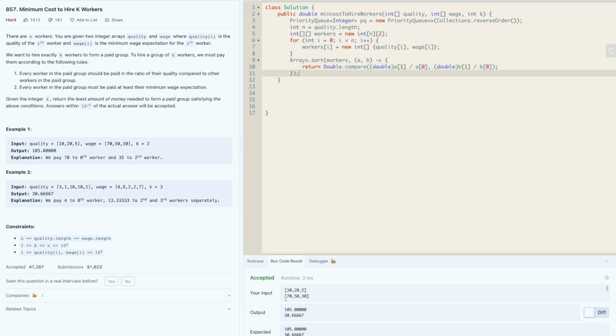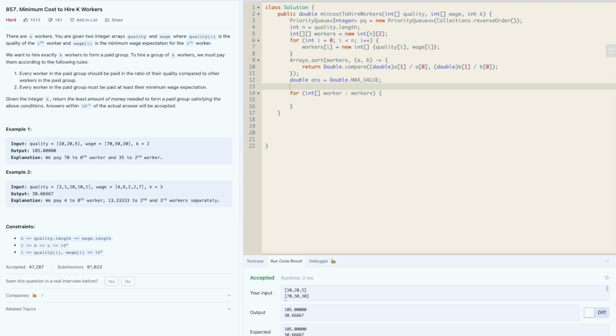Okay, so now once it's sorted, we can start iterating over all the workers. Here we need 2 variables. First is a double solution, and because we want to find a minimum, we can assign it Double.MAX_VALUE for now.